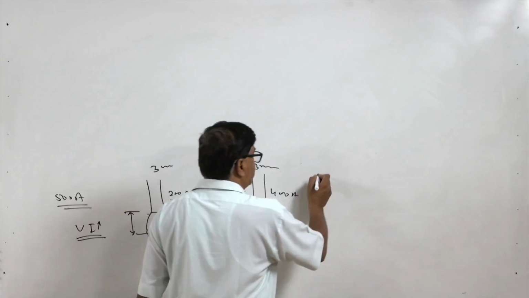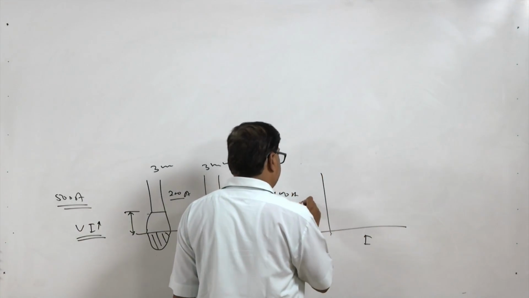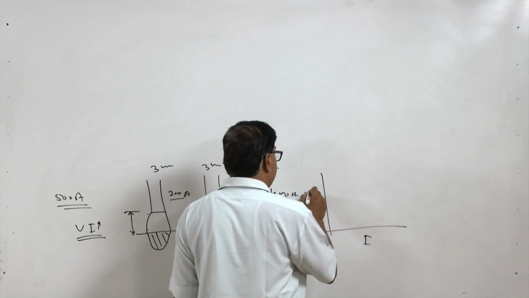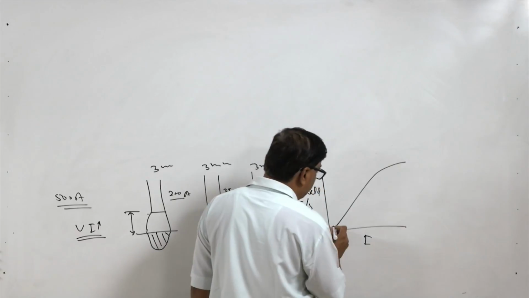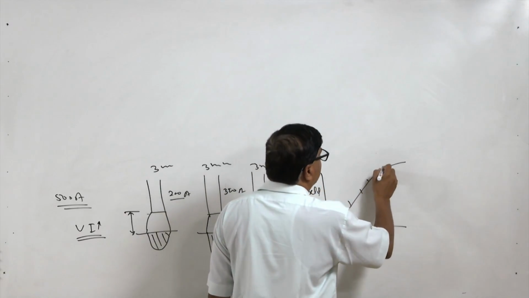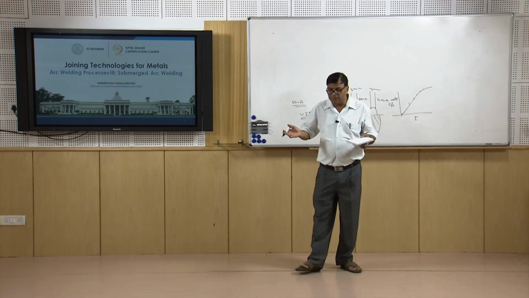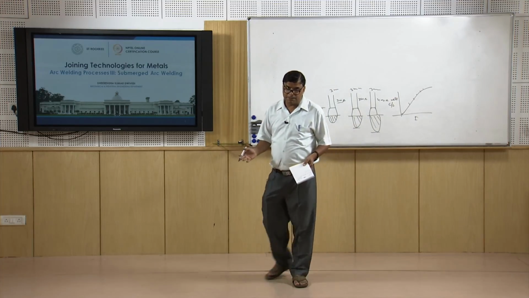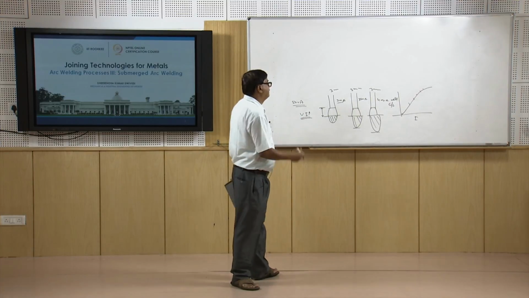So, if we plot the welding current against the weld cross sectional area, this relationship is initially found to be like this, where increasing current directly increases the cross sectional area of the weld due to the increasing heat input, increasing the volume of base metal which is being melted, and that in turn will increase the volume of the weld.